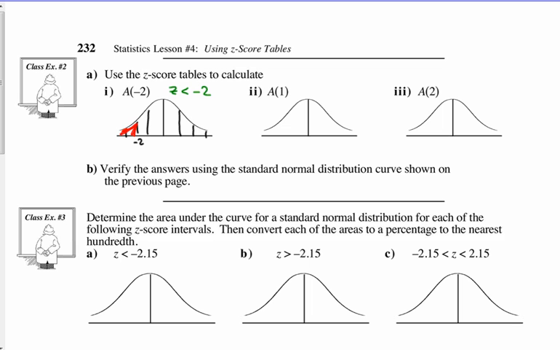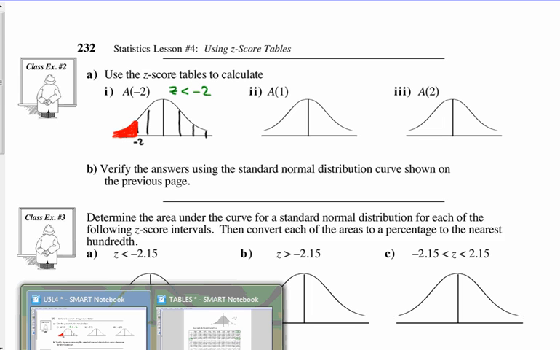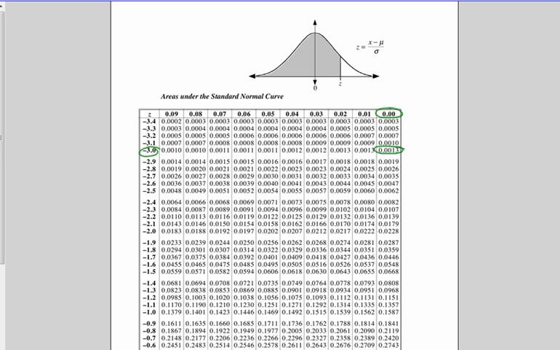It's always to the left. So what's the area or the probability under -2? We grab our Z-score table. Again, two decimal places would be -2.00. So I look up -2.0 first, the tenths value, and then 0, 0. So -2.00 is 0.0228.